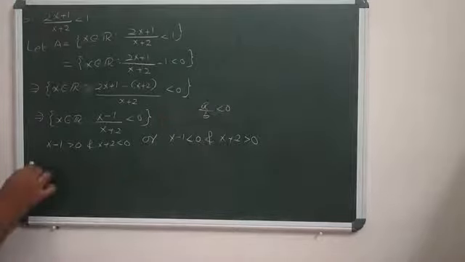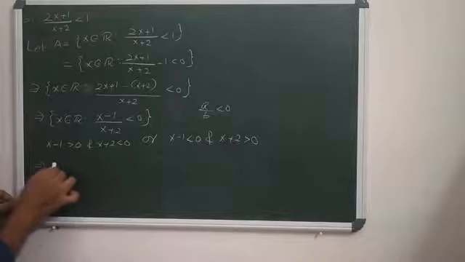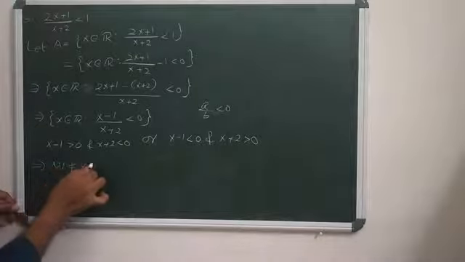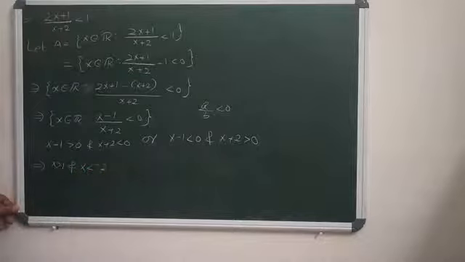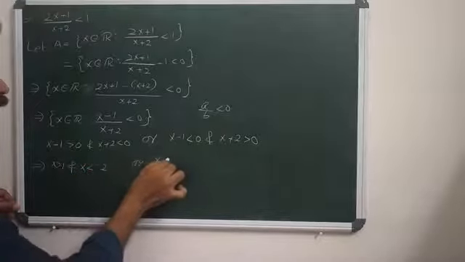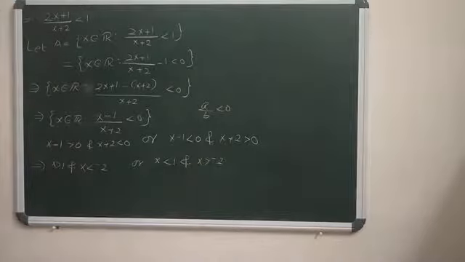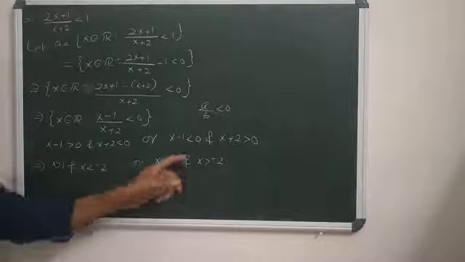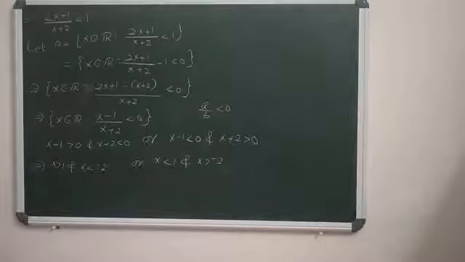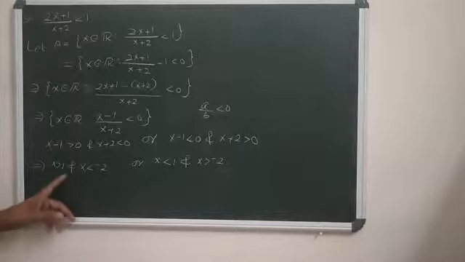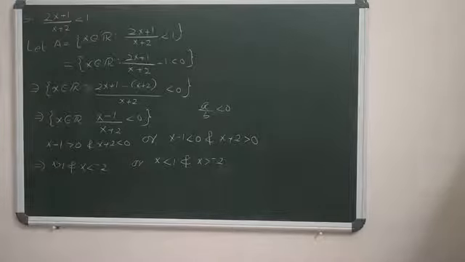Okay, x minus 1 greater than 0 and x plus 2 less than 0 means it is x greater than 1 and x less than minus 2, or it is x less than 1 and x greater than minus 2. Okay, x less than 1 and x greater than minus 2, or x greater than 1 and x less than minus 2.